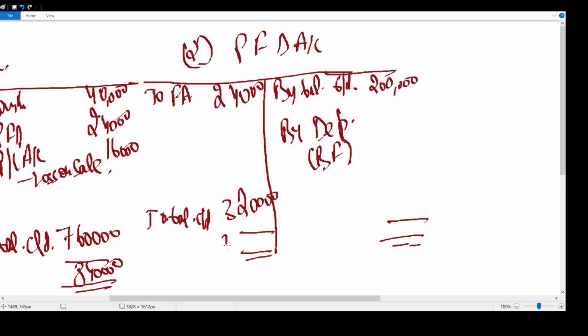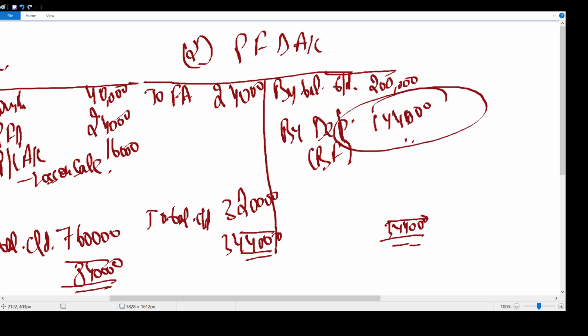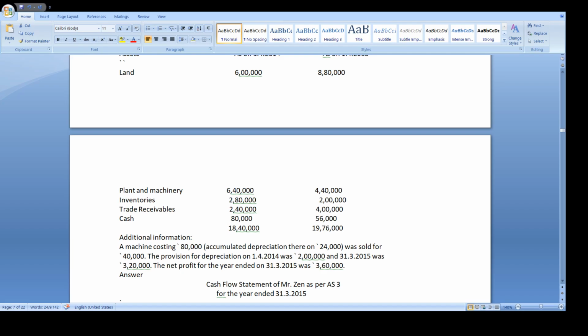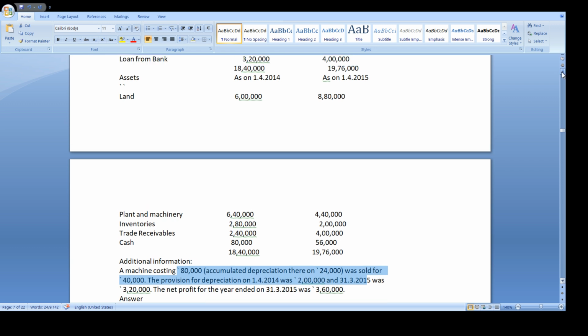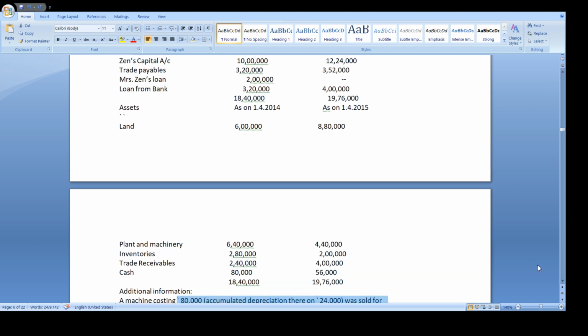It would be 1,44,000 is the depreciation. I think there is no new point in the question which can't be solved.